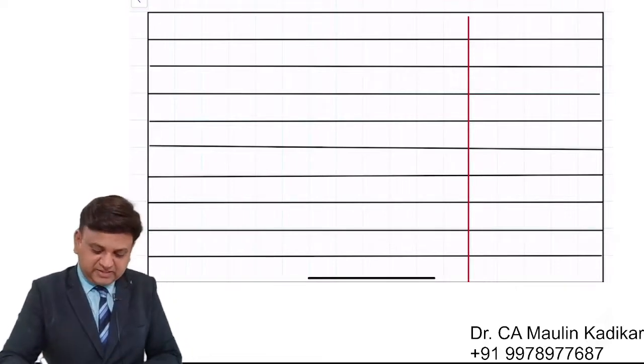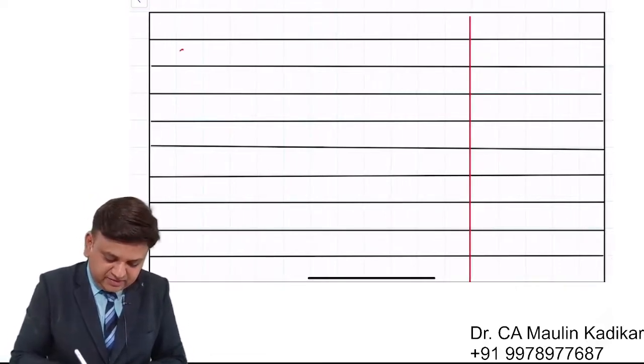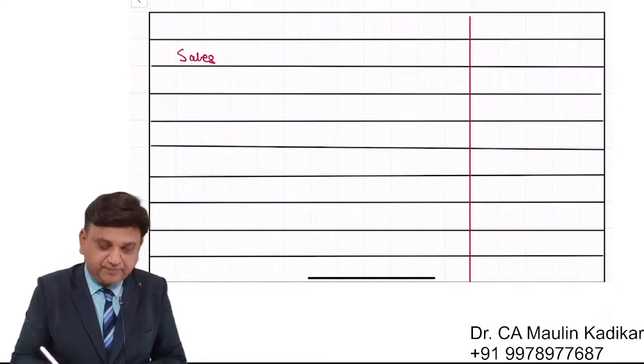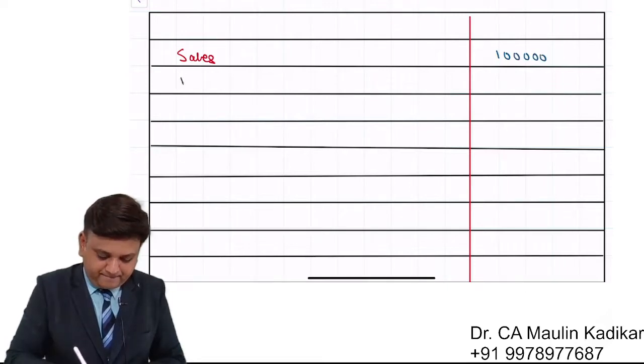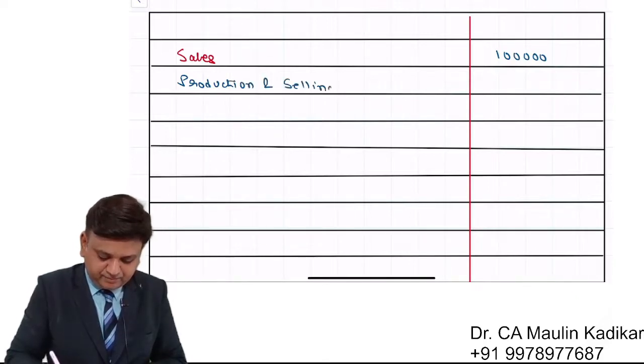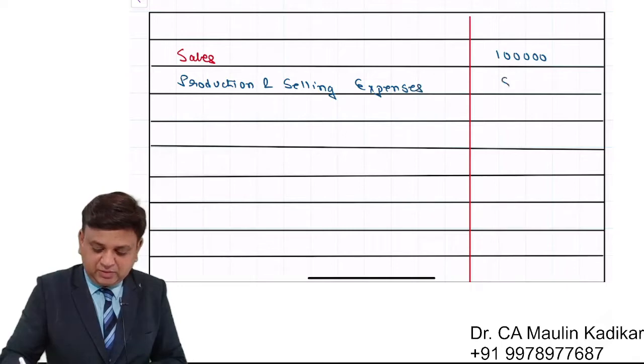So we have to work out the answer like this. We start with the revenue, sales. Sales is given to us in the question, an amount of 1 lakh. Then production and selling expenses, an amount of 80,000.